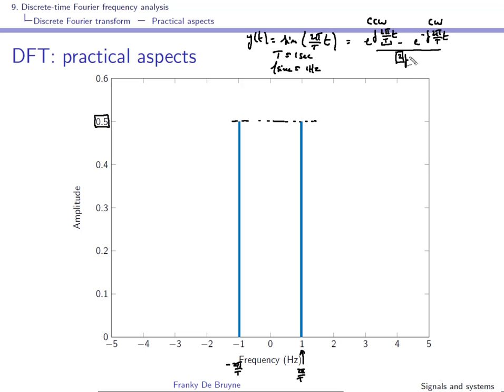If we take the modulus, the sign will be left out, and this explains the 0.5 that you see over here. Notice that, because it's an amplitude spectrum, it is even. So we have a mirroring effect with respect to the zero frequency.